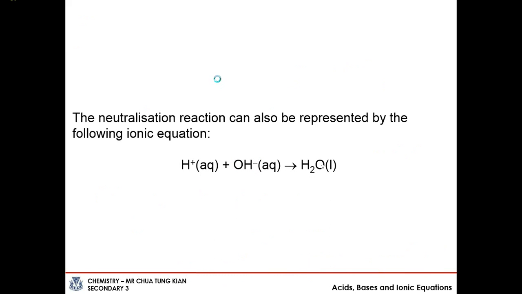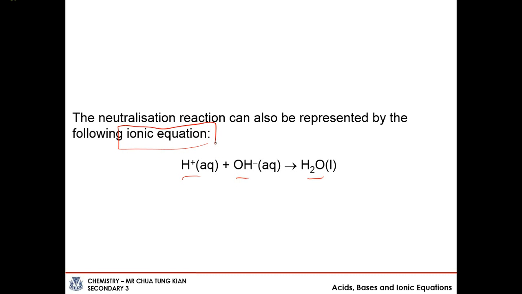If I were to summarize the key components of the neutralization reaction, I actually only have left with these ions, H+ and OH-, giving us water. How in the world did I get this equation, what we call the ionic equation?